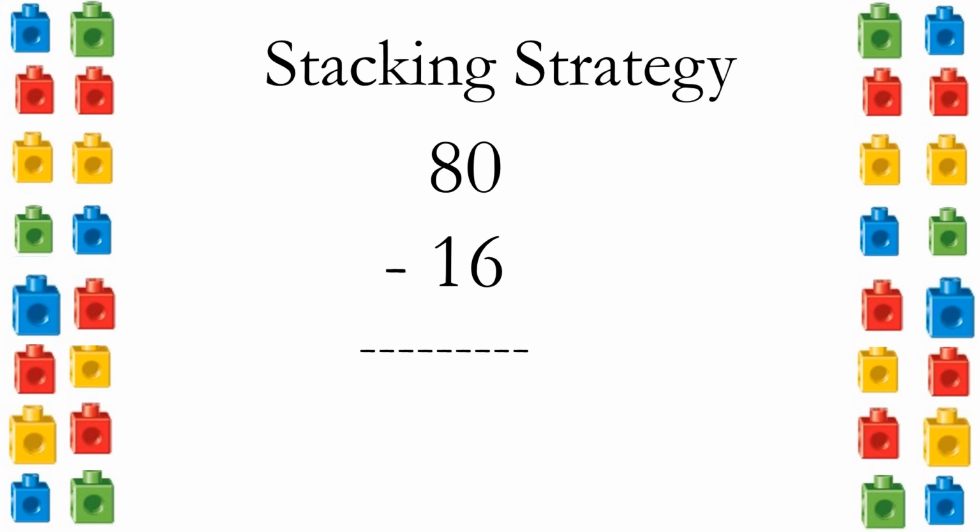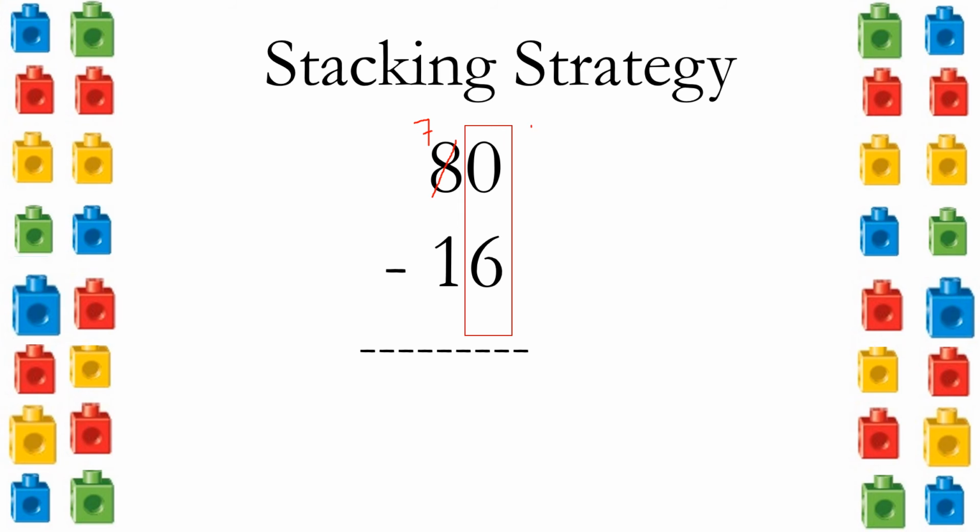Okay, here's another one. Now this one's a little bit different. 80 minus 16. Well, everything is lined up just right, but now we have a problem because we can't do 0 minus 6. So what we're going to do is we're going to borrow a 10. We're going to cross out that 8 and turn it into a 7.